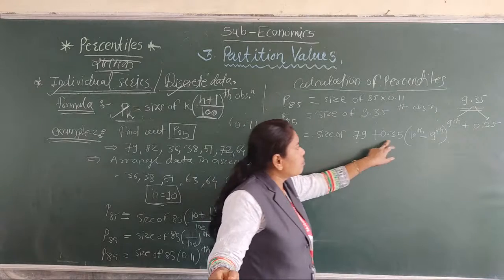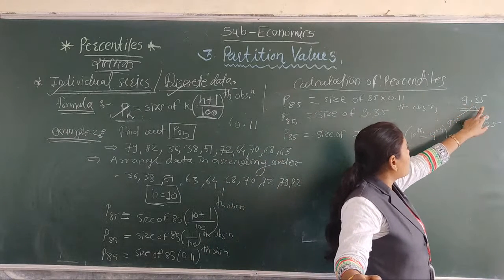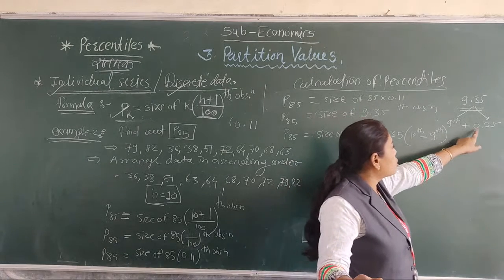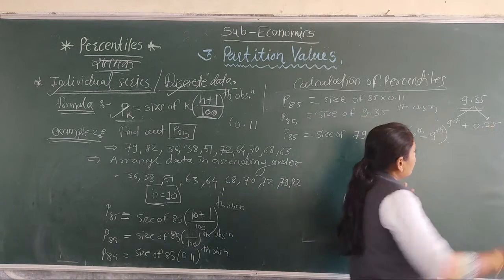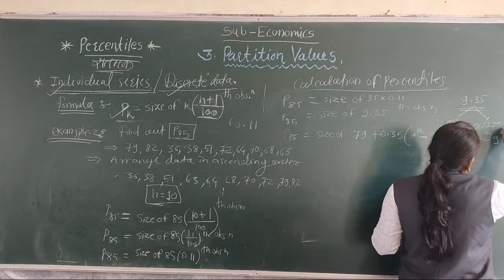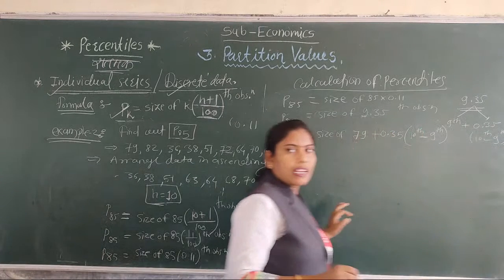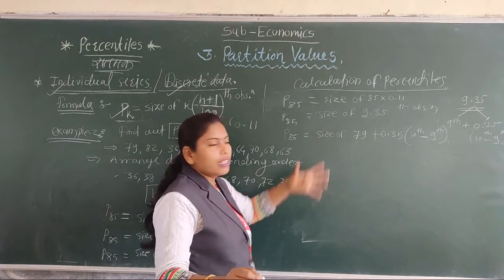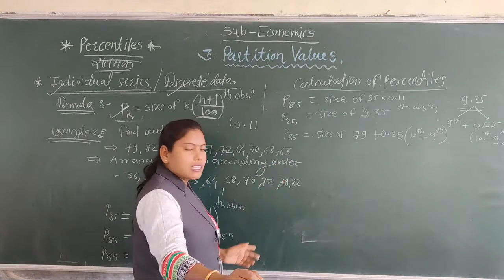Here, students, 0.35 separate: this step is 9th observation plus 0.35 into bracket 10th observation minus 9th observation. Then put this value in the example.